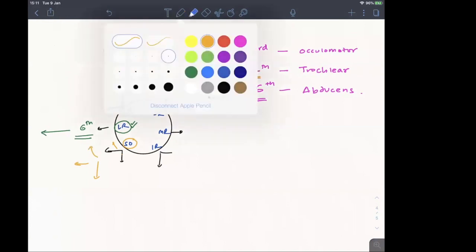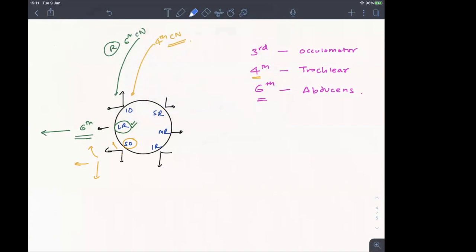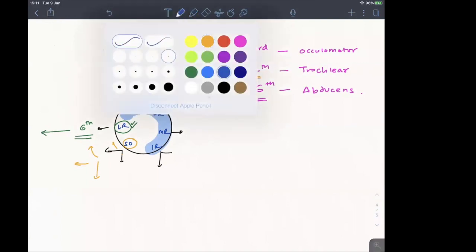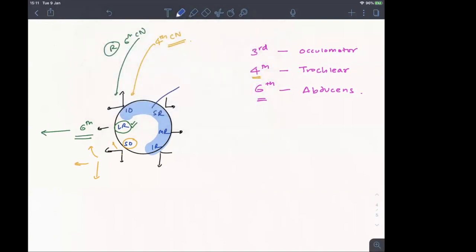And all the rest of the muscles, the action is caused by your third cranial nerve. Okay. So when the third cranial nerve acts, it can do all these actions.